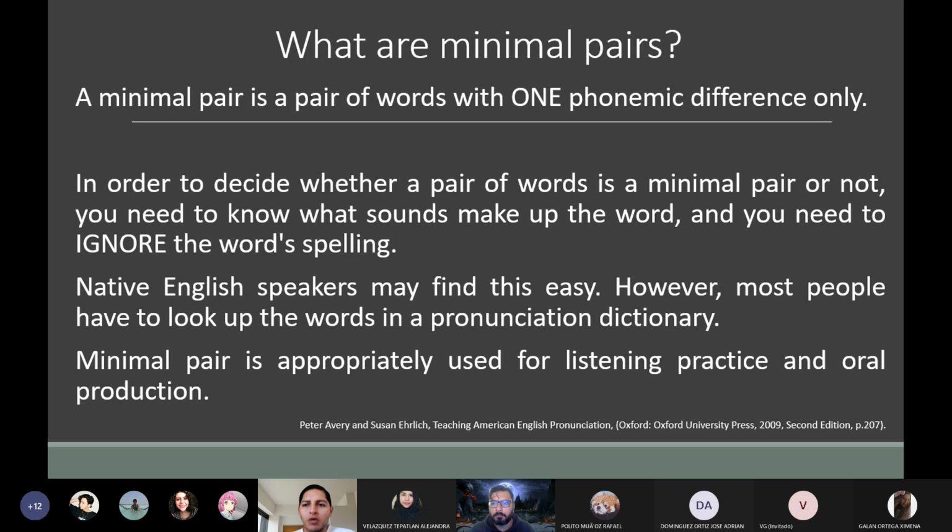And then look it up in a video, maybe in a song or online, you know, you just listen to people pronouncing the word and you make sure it is correct regarding the International Phonetic Alphabet.